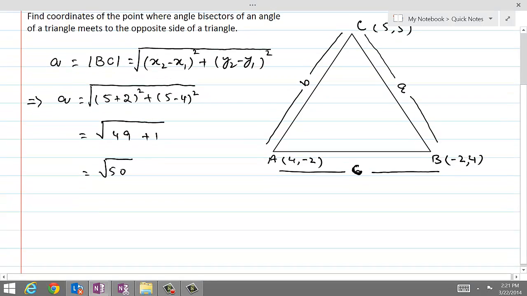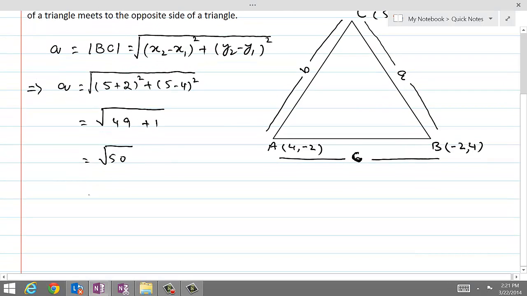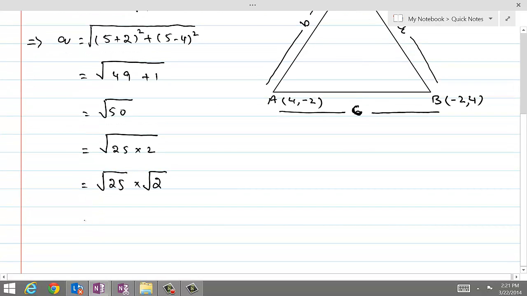And if we want to simplify 50, we can break it into 25 times 2, and the square root of 25 is 5, so this is equal to 5 times root 2. So this is the value for a here.